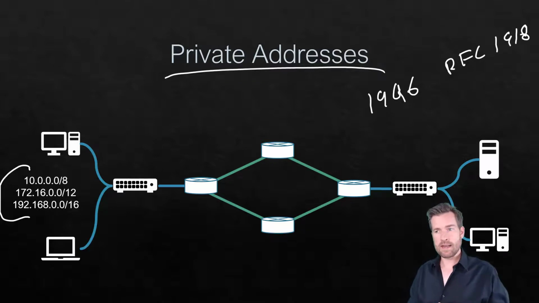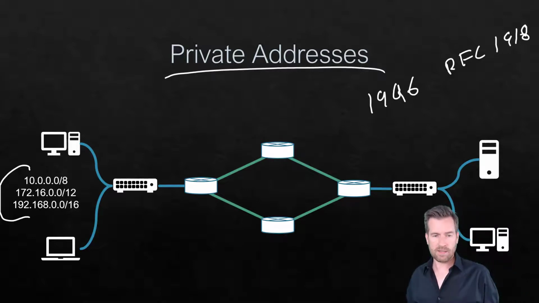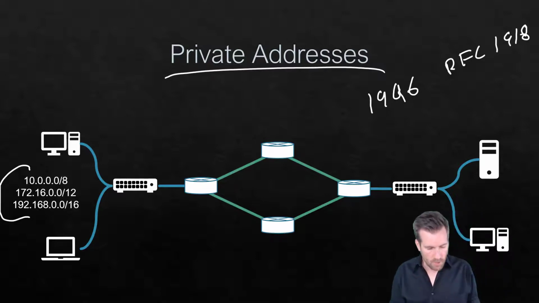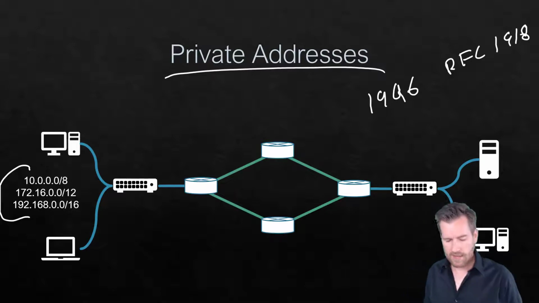So if we have a really big network we manage, then maybe we choose the 10 network. If we've got a smaller network that we manage, maybe we choose the 172 network. And if we have a home or something really simple, we can do a 192 network. So we got different networks that we can represent within here. So that's one thing to note.